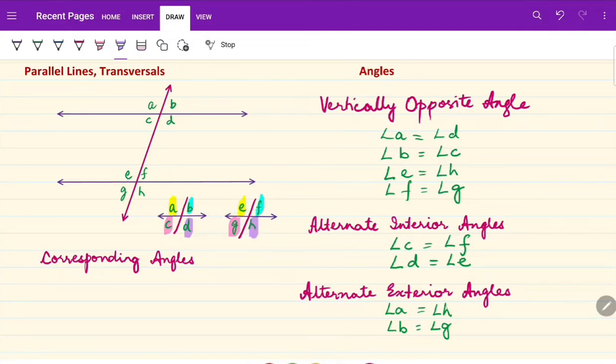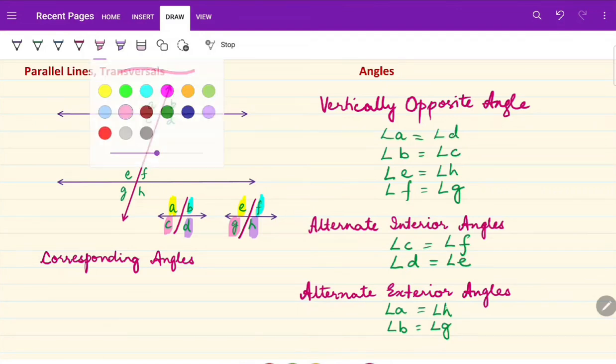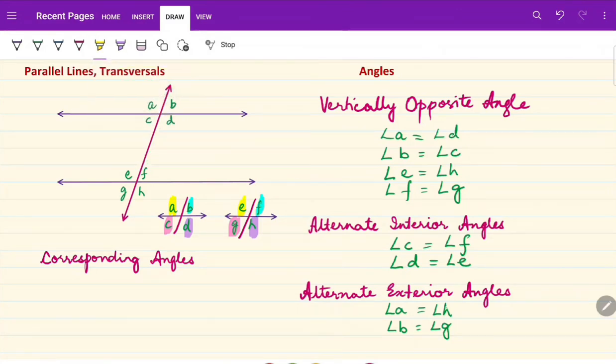So now let's go back to our figure and look at the same angles that correspond. So A and E correspond, correct? So let's go back and pull our yellow and mark that. All right. A and E correspond.